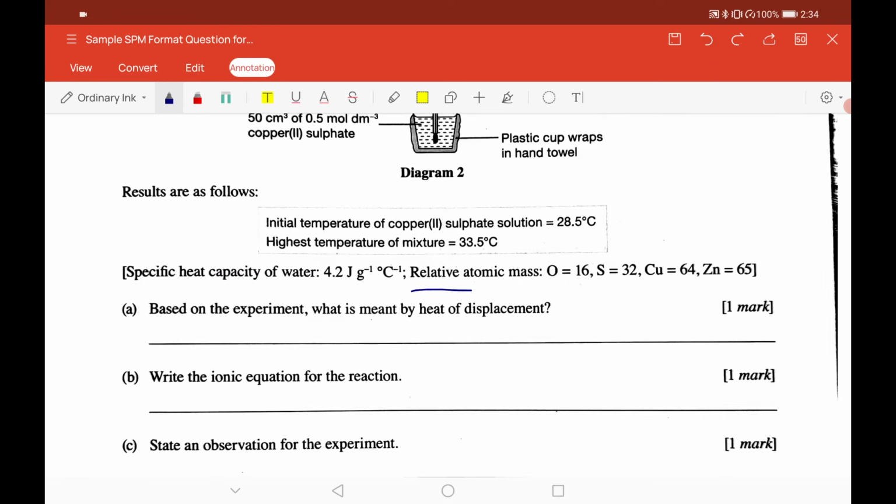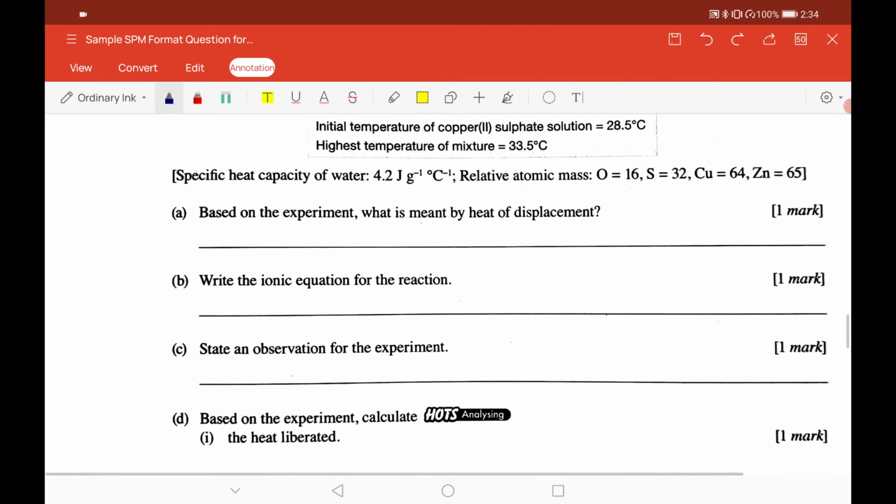They also give us the relative atomic mass, RAM. So let's start with this question. The first question is asking us, based on the experiment, what is the heat of displacement? If you recall, what is the definition for heat of displacement?